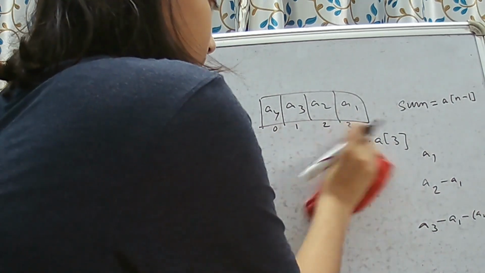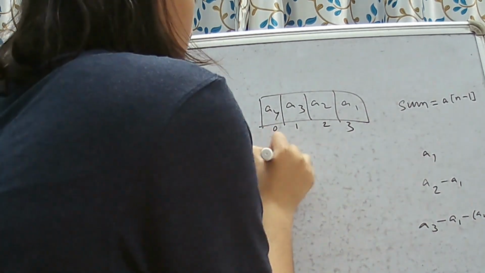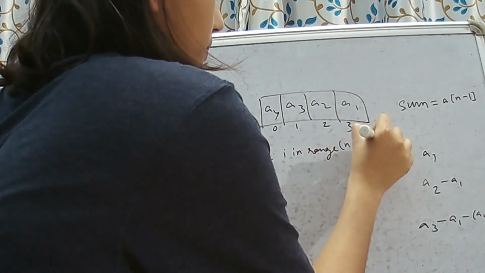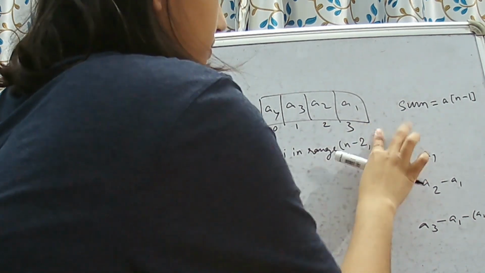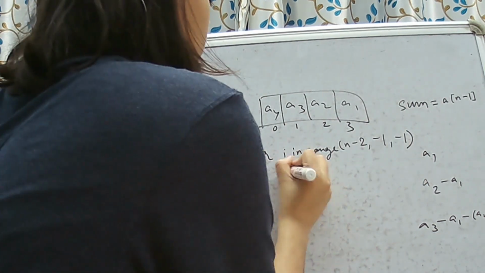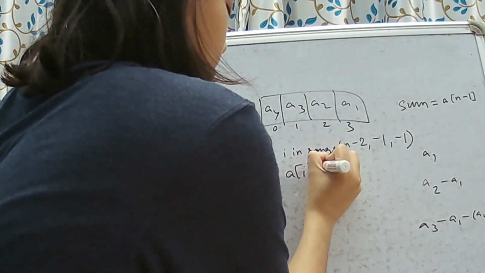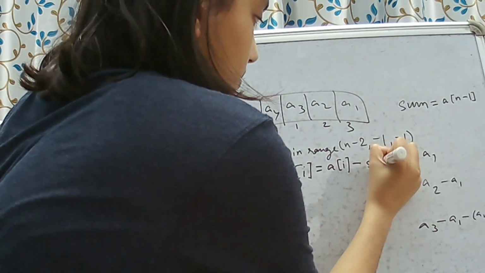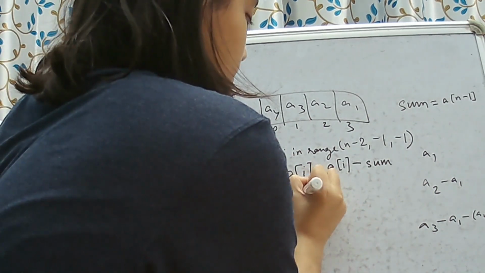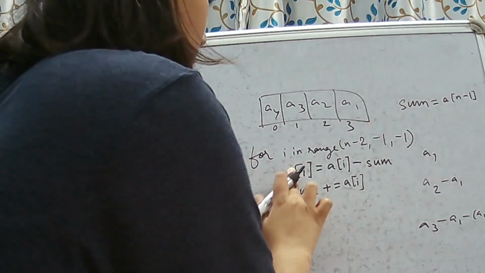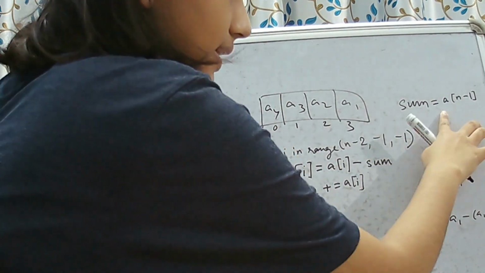So if we run a loop like this in reverse order, what we're doing basically here is that our sum originally was the last element.